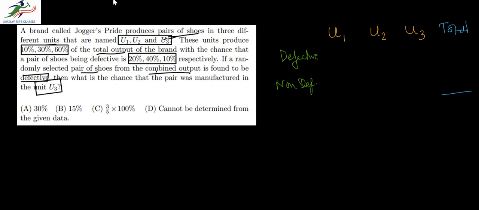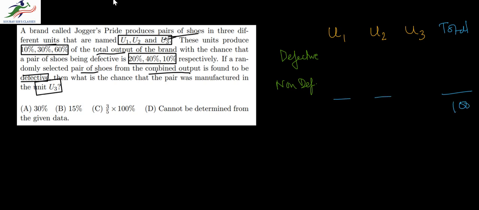So let us see what is actually given. So we have 3 units, U1, U2 and U3, and they manufacture either defective or non-defective, and let the total number of units be 100 manufactured by all 3.